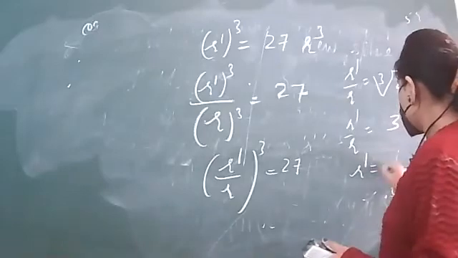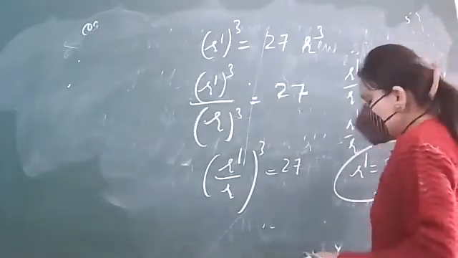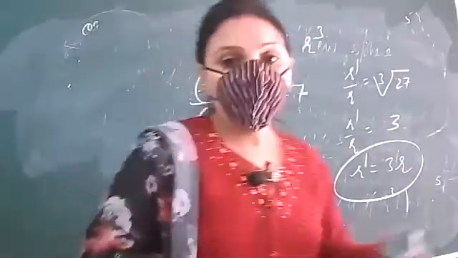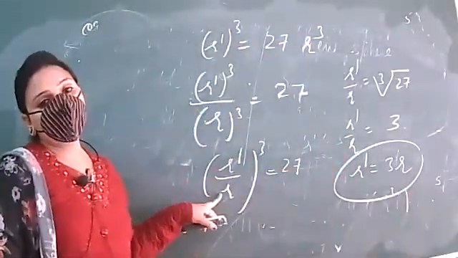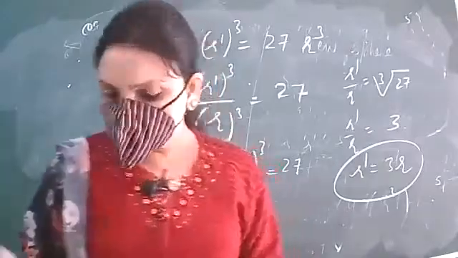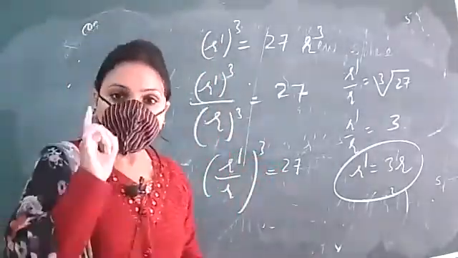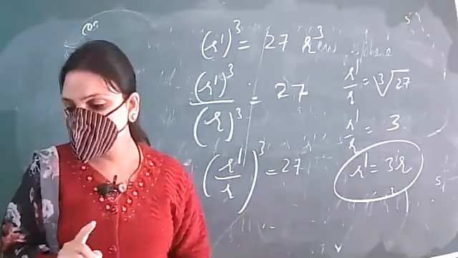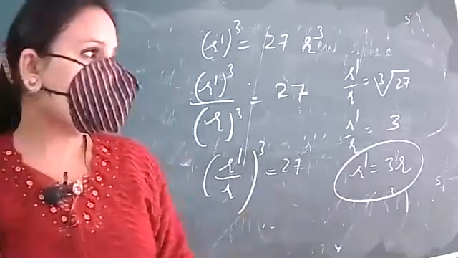So r dash is equal to 3r. That means the radius of the new sphere will be 3 times the radius of the old sphere. नए sphere की radius पुराने sphere की radius का 3 times होगी. This is the answer.